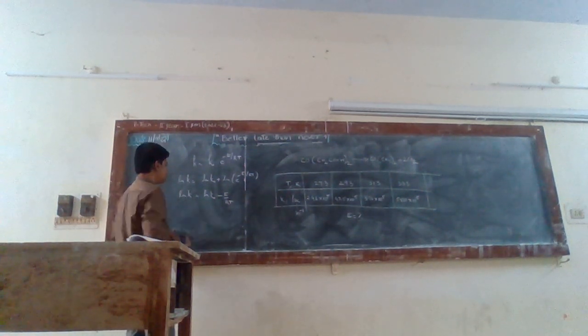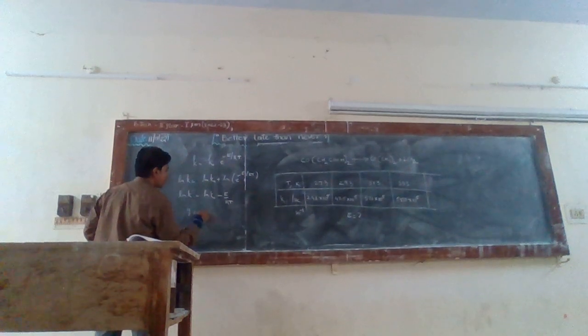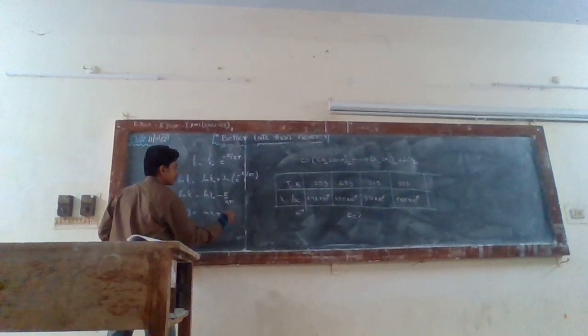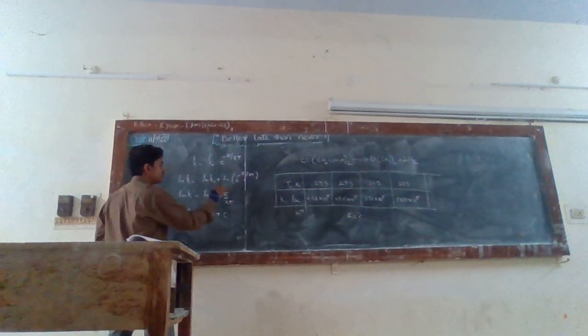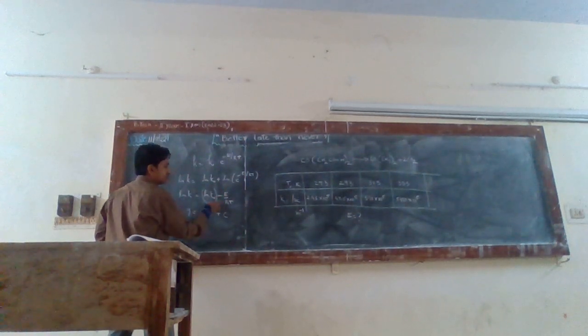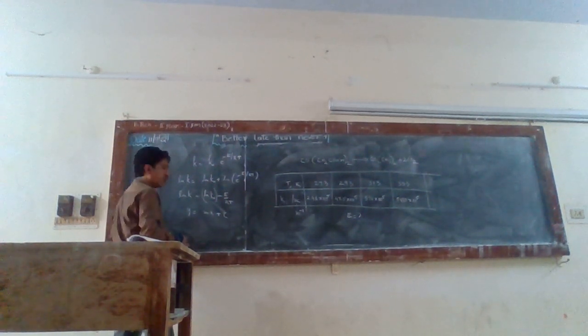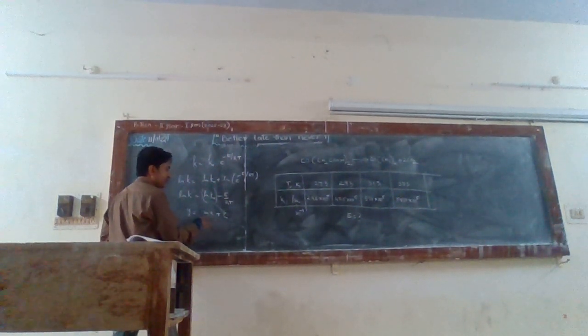Now just check, if I write y is equal to mx plus c, because this is a constant, since K naught is a constant rate constant, and this is almost like m into x. So I will get a slope if I draw a curve of y versus x.